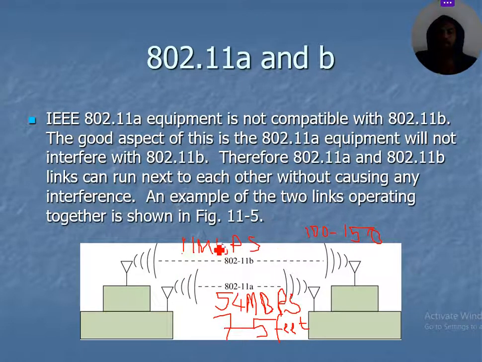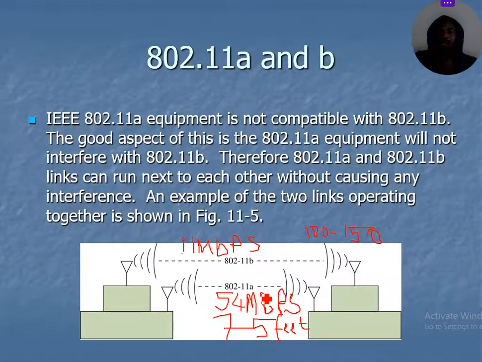It's just 11 megabit per second, meaning 11 million bits can be transferred in 1 second. But for this one it is 54. Although this one has a shorter distance of 75 feet, it can transfer 54 million bits in 1 second.